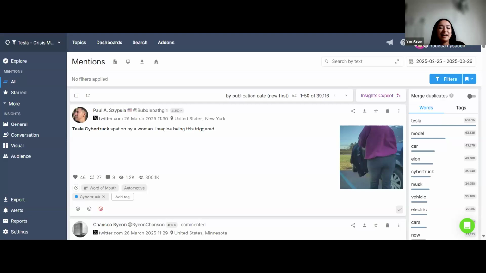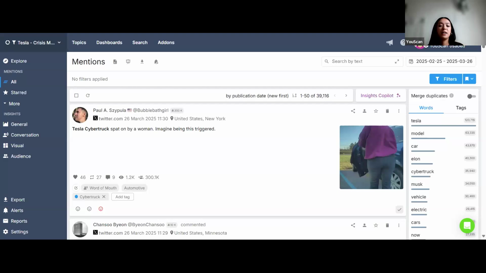So segmenting data is a powerful strategy when you're doing crisis management, because when you want to analyze crises more accurately, like in this example with Tesla, we shouldn't analyze the brand as a whole, but rather break down these posts and comments and shared posts into categories.